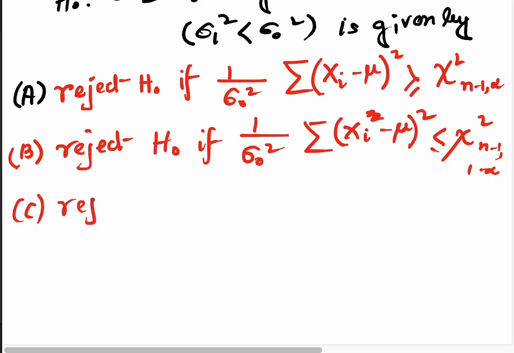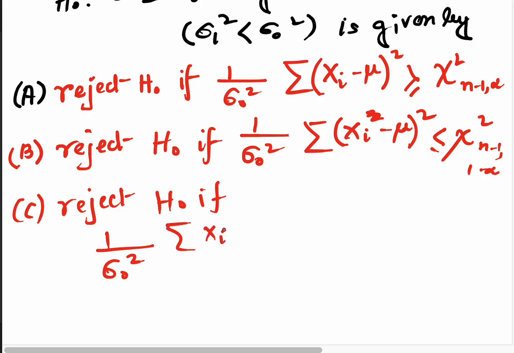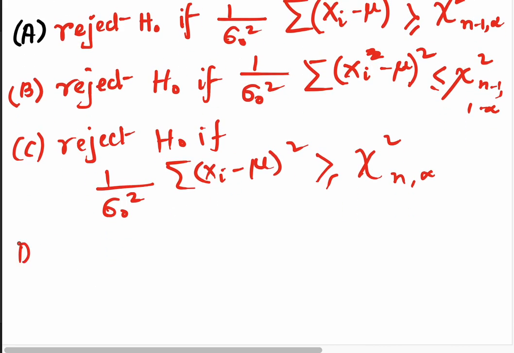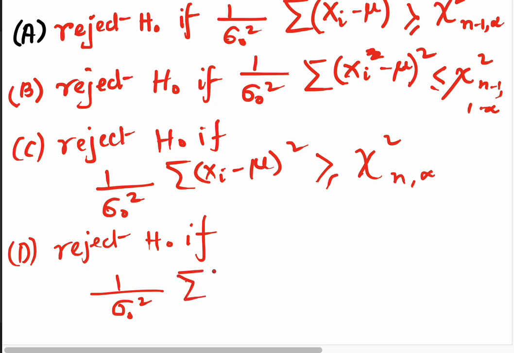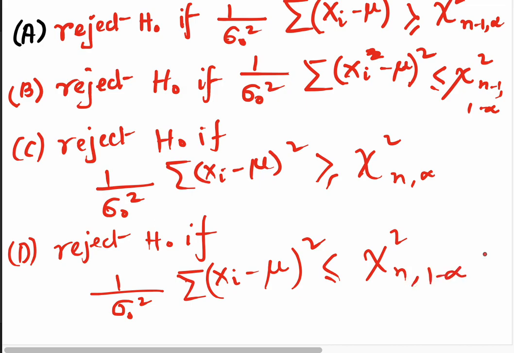C: reject H0 if 1 by sigma 0 square summation of xi minus mu square is greater than chi square n, alpha, and D is reject H0 if 1 by sigma 0 square summation of xi minus mu square is less than chi square n, 1 minus alpha.